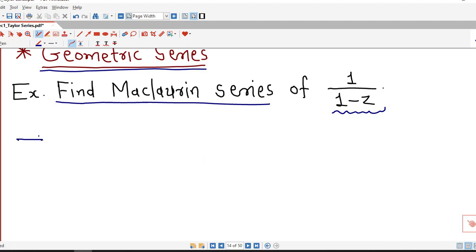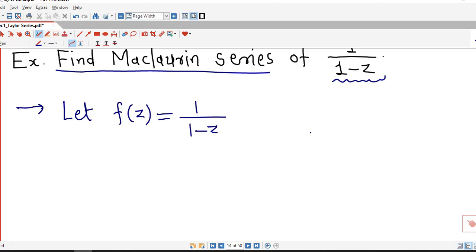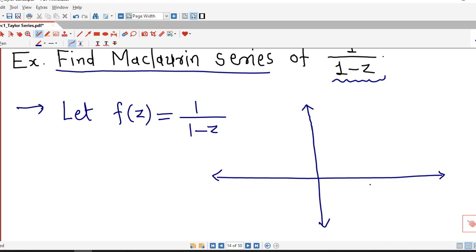So first we consider, suppose f of z equal to 1 over 1 minus z, and we know that this function is not analytic at z equal to 1, and it is analytic at every point except z equal to 1 because it is a rational function.